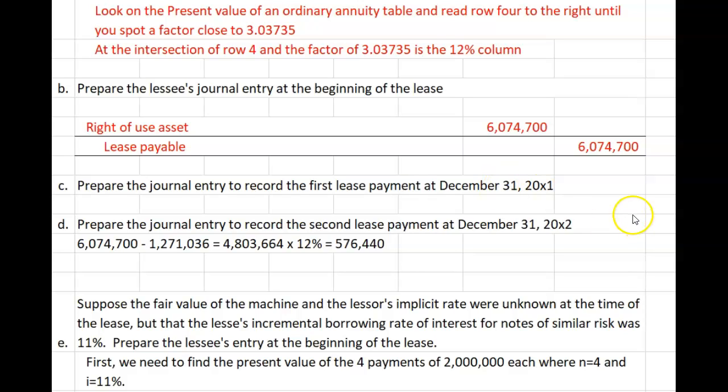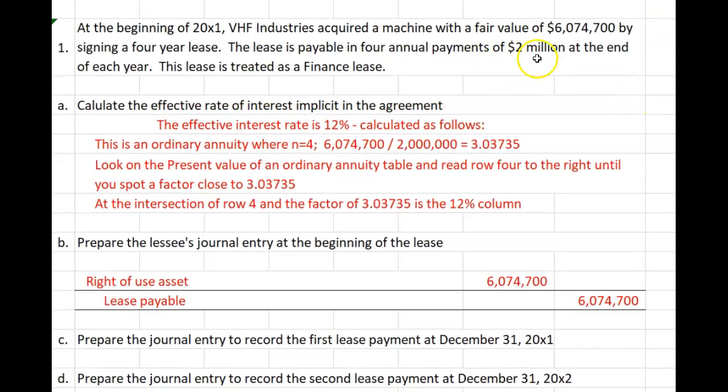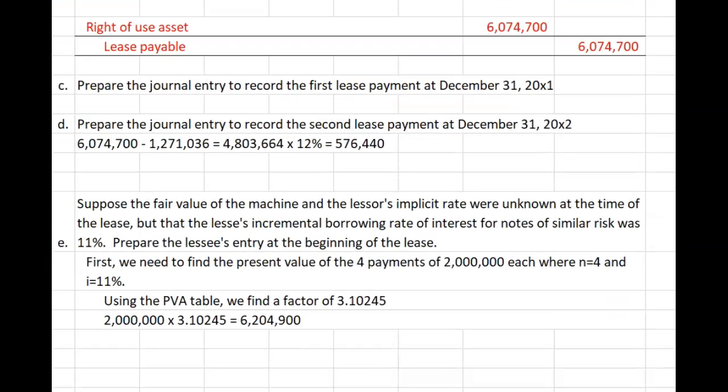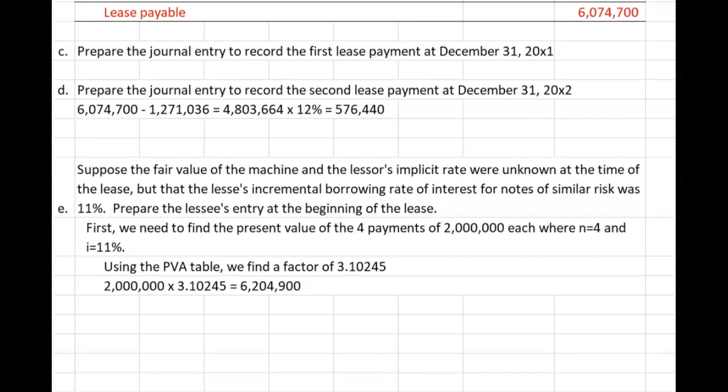You know that your payment is $2 million. It told you that in the body of the problem. Each payment is $2 million. The difference between the interest expense and the $2 million payment is a reduction of the lease liability. Go ahead and write your journal entry. Then start the video again to check your work.